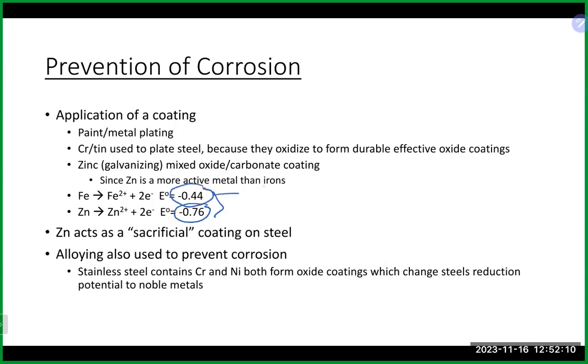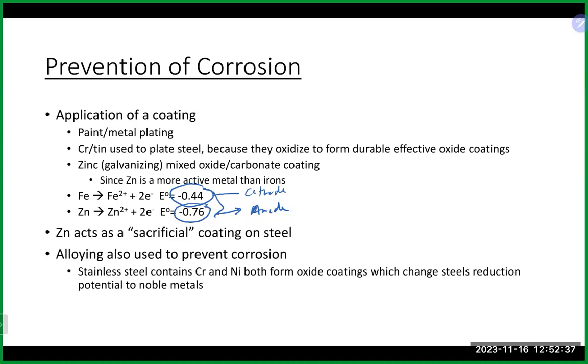In this case, when those two come together, the iron will become our cathode, and all the bad oxidation stuff will happen over at the zinc, because it has a less positive SRP value. So zinc in this case acts as a sacrificial coating, where all the bad stuff happens to that, keeping your iron intact.